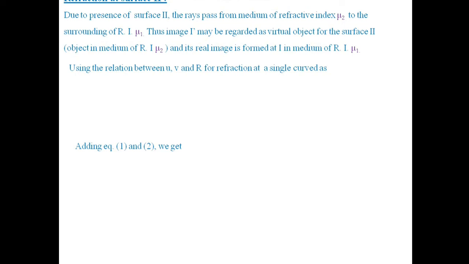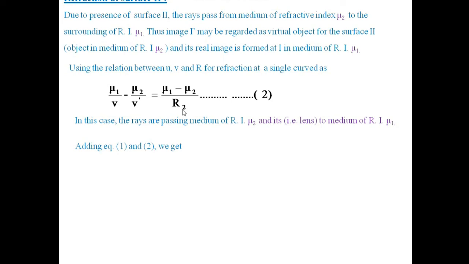Using the relation between u, v and R at the single curved surface, we can write mu1 upon v minus mu2 upon v dash is equal to mu1 minus mu2 upon R2. In this case, the rays are passing from the medium of refractive index mu2 to the medium of refractive index mu1.